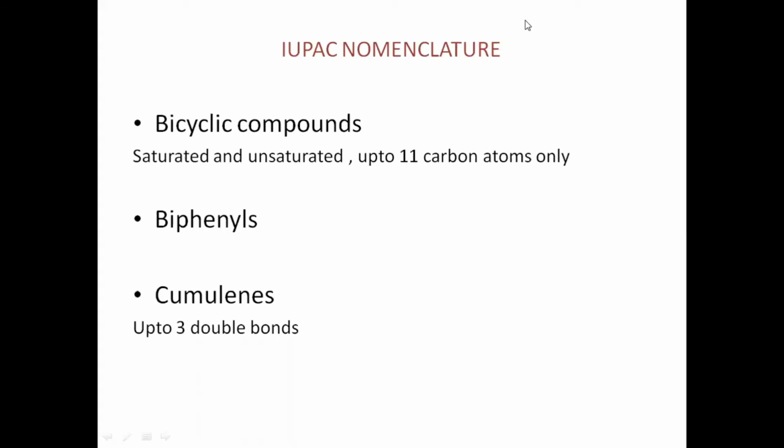Compounds having more than one ring system are called polycyclic compounds, and bicyclic compounds are those in which only two ring systems are present.